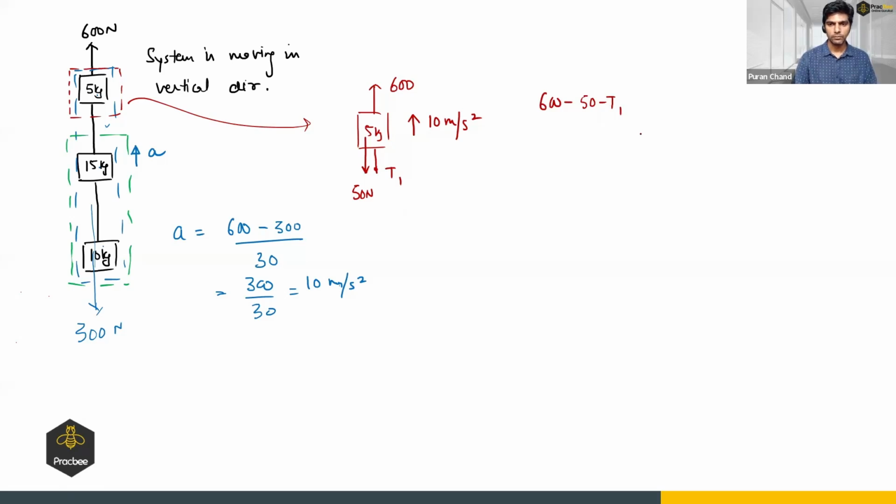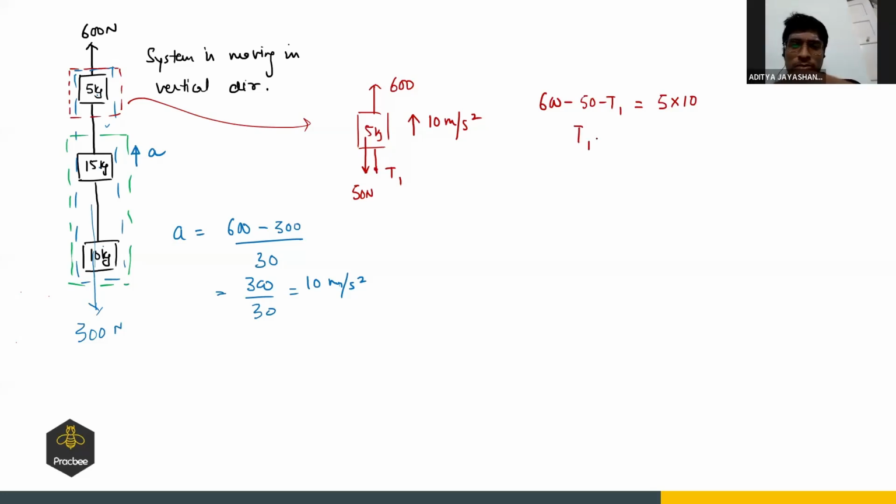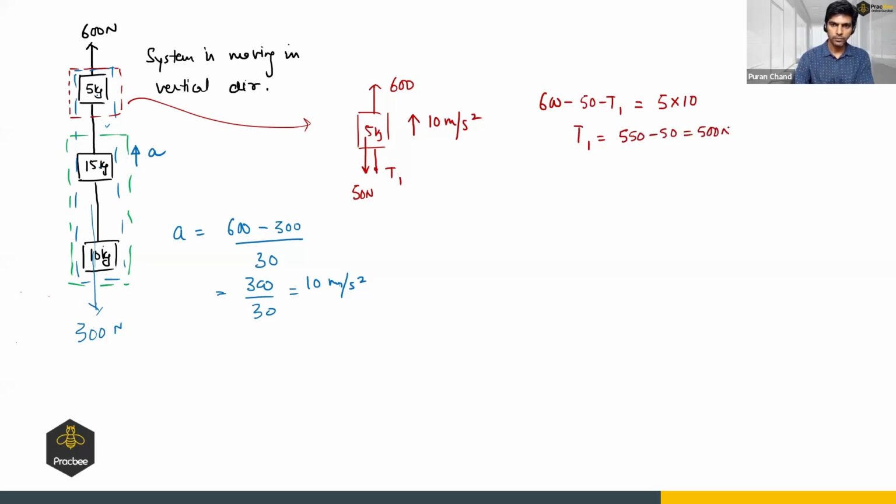And this should be equal to the mass of the system, that is 5, times the acceleration, that is 10. Got it? So T1 comes out to be 550 minus 50, so that will be 500. Got it?